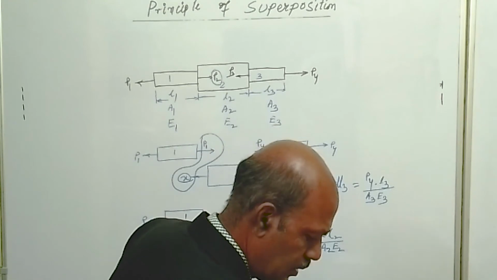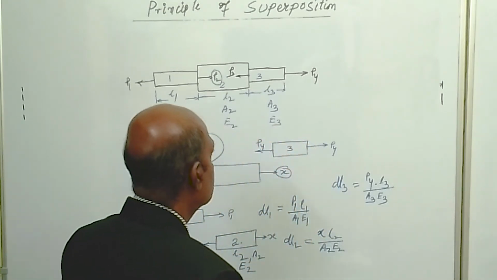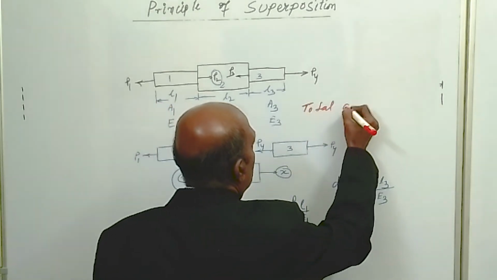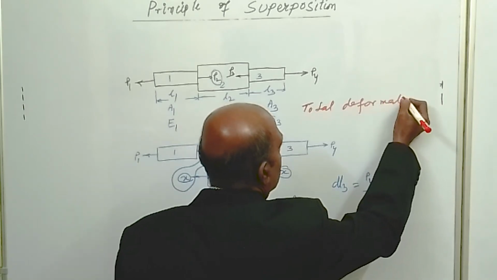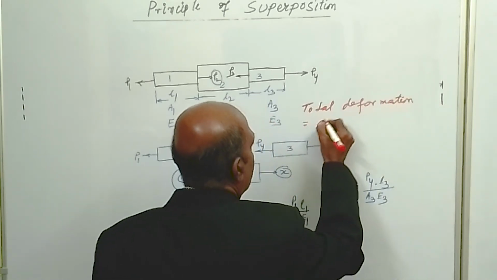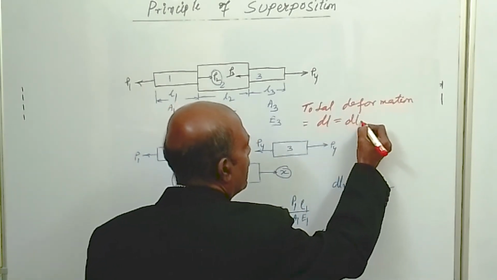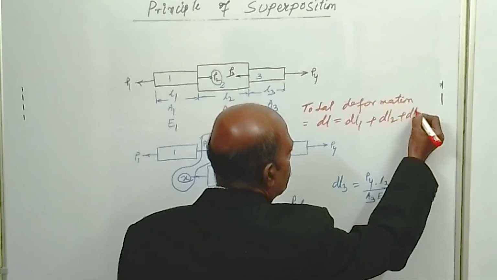So the total deformation produced in this variable section bar is given by dl is equal to dl1 plus dl2 plus dl3.